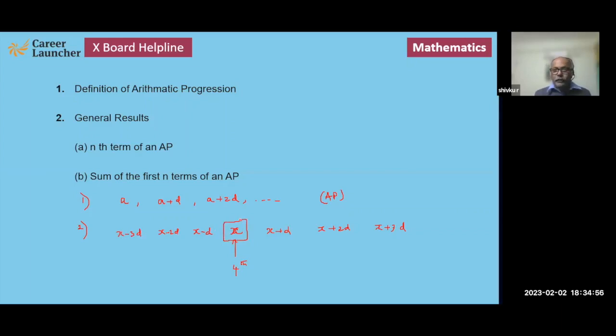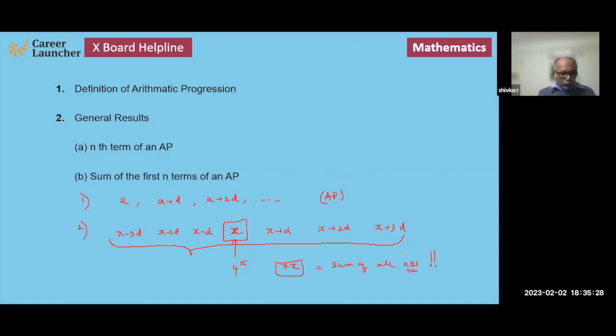तो बहुत सारे जगह पे ऐसे अगर हम लिखें तो आपका जो सॉल्व करने का तरीका है वो बिल्कुल आसान हो जाएगा. So it becomes very easy for you to solve the question. For example, if you want to add up or find out the sum of all these numbers, if you add up all of them, you will get 7x. 7x will be the sum of all the numbers, right?